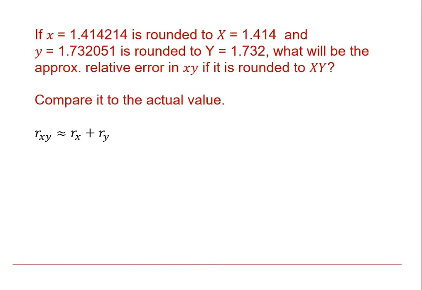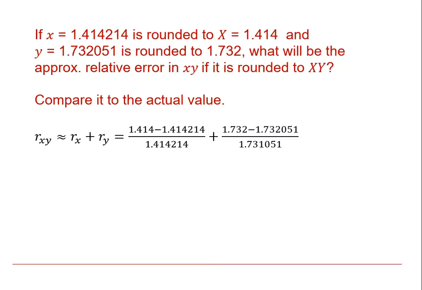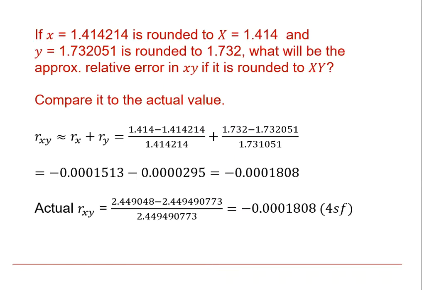So here we have an actual example which you might like to pause the video and have a go at. So adding the two relative errors, we come up with that value, and then comparing it with the actual relative error.